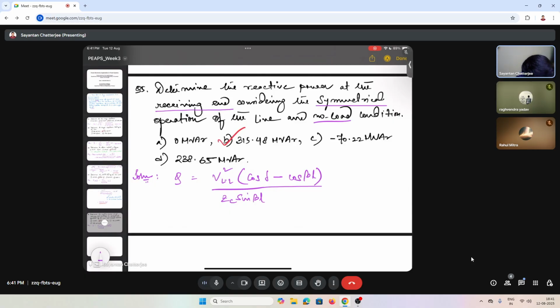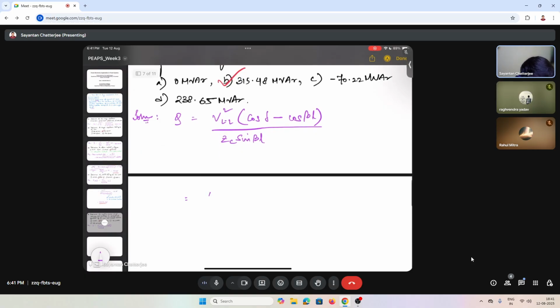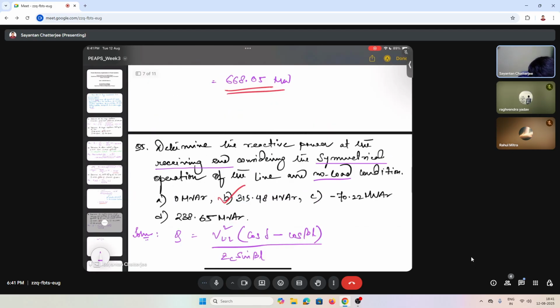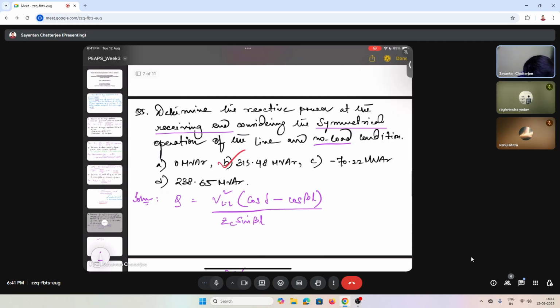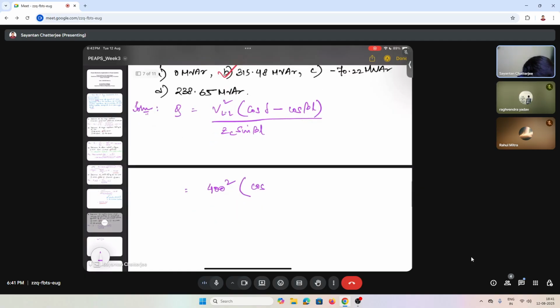So if we calculate, the final value is 400 square, and cos delta: at the receiving end side, delta would be 0.